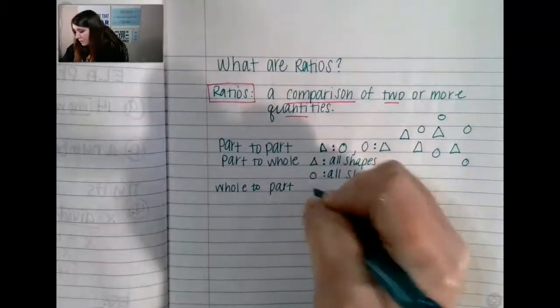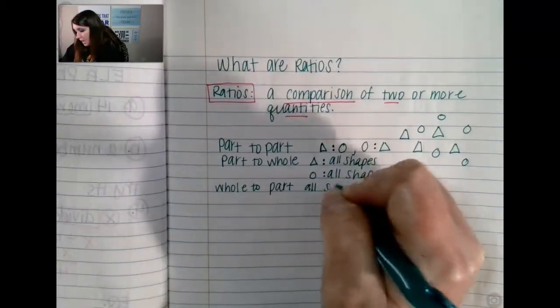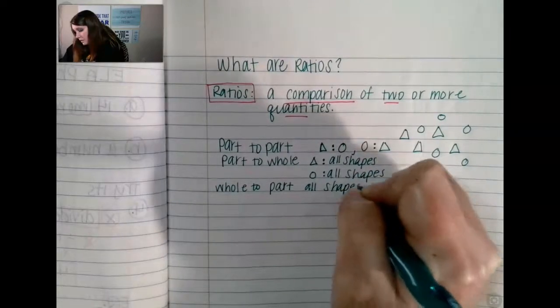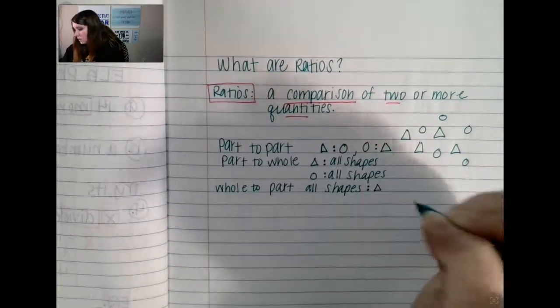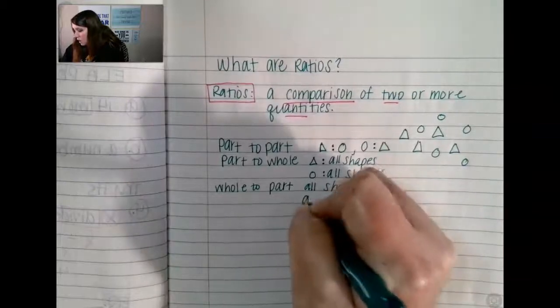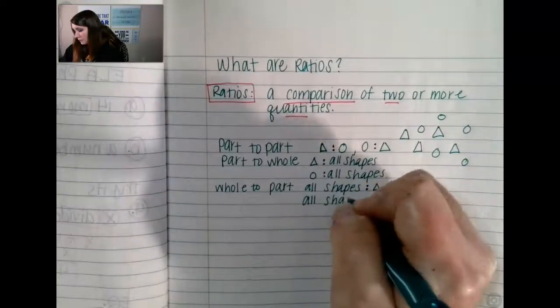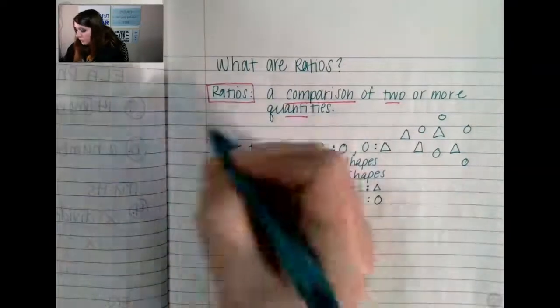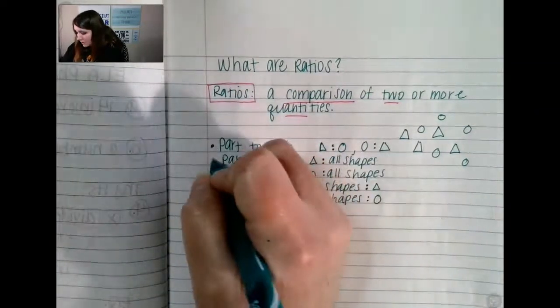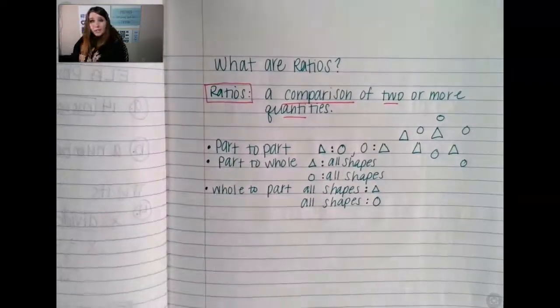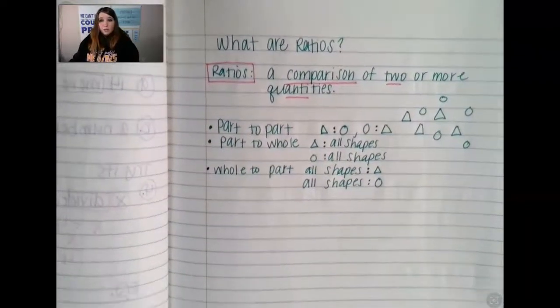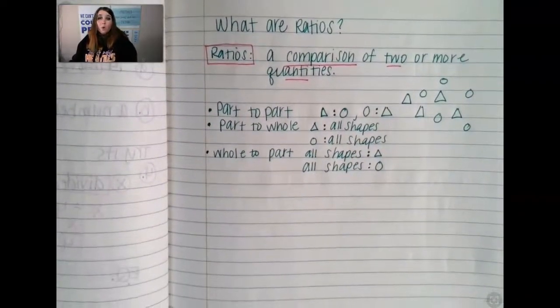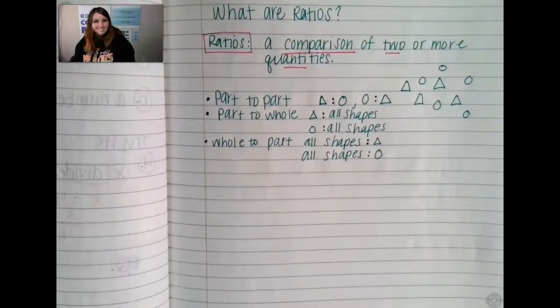This would be all shapes to triangles or all shapes to circles. So you have three different types of ratios that you can write: part to part, part to whole, or whole to part.